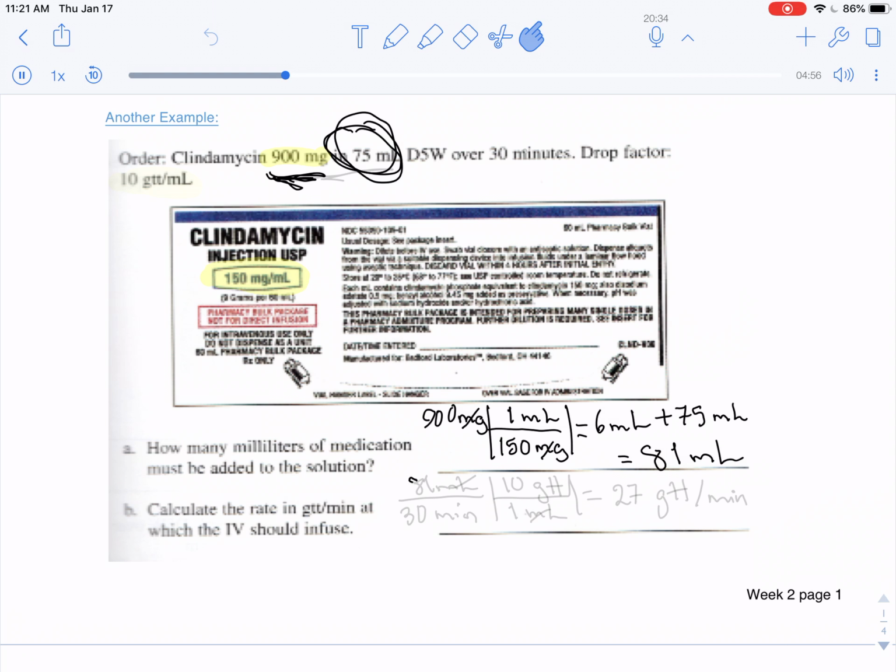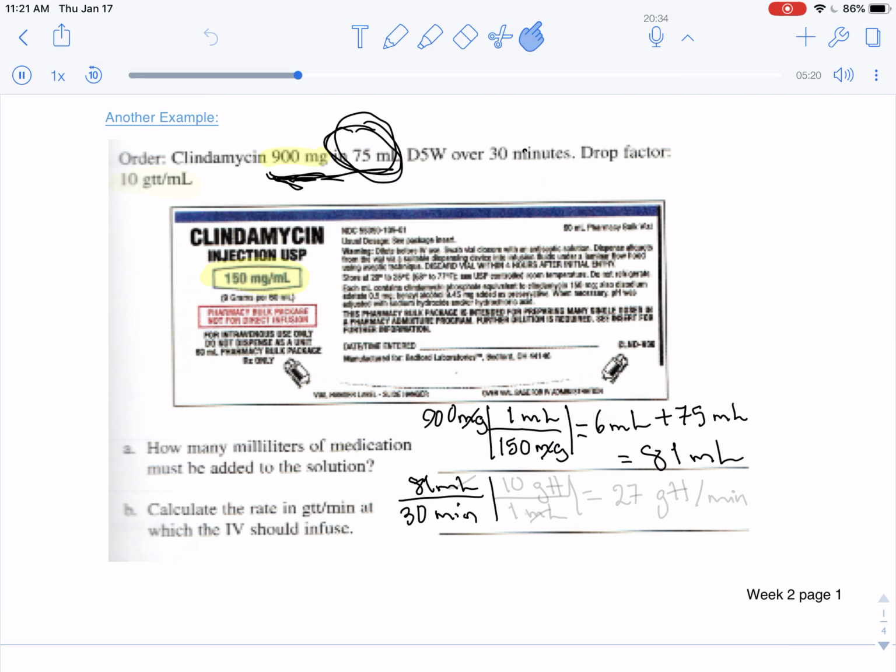So we have our 81 milliliters. In the beginning of the problem, it said that we need our solution, which would be our 81 milliliters, to be placed in 30 minutes. So we're going to write this as 30 minutes.